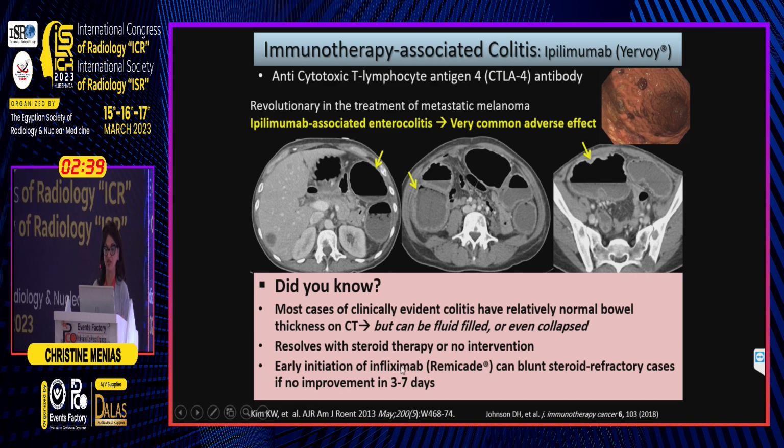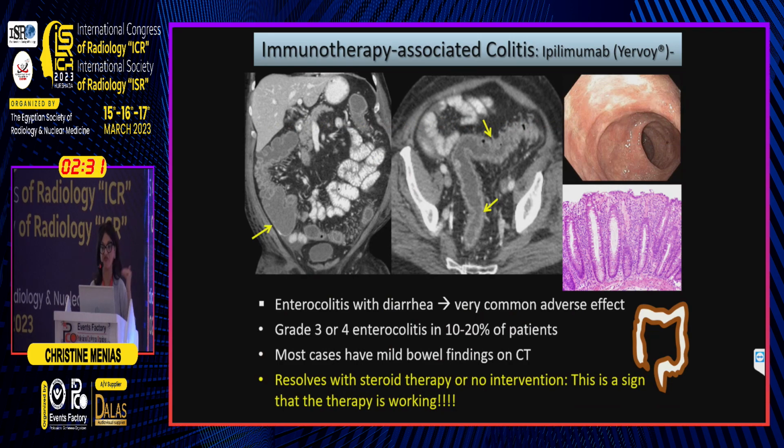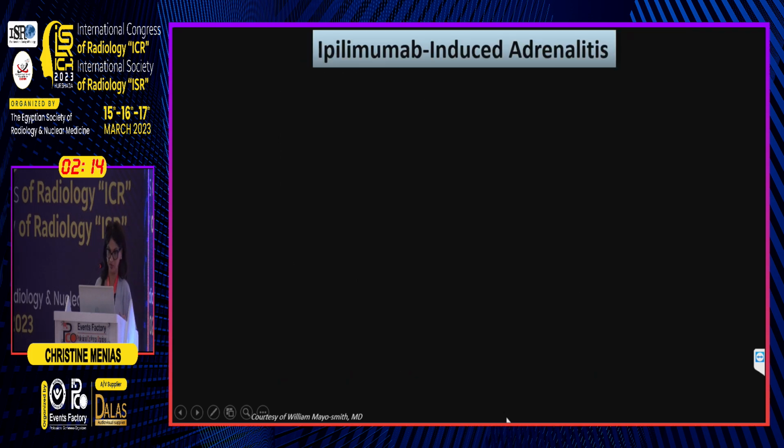Some of them are given an immunomodulator to help their therapy. They're kept on their treatment, but they're given steroids to decrease the self-attack of diarrhea. Here's a patient, maybe it's not that bad to you, fluid-filled, mild mucosal enhancement. Again, it's a grade 3 colitis on endoscopy, resolves on steroid therapy. Again, the cancer is responding to the immunotherapy.